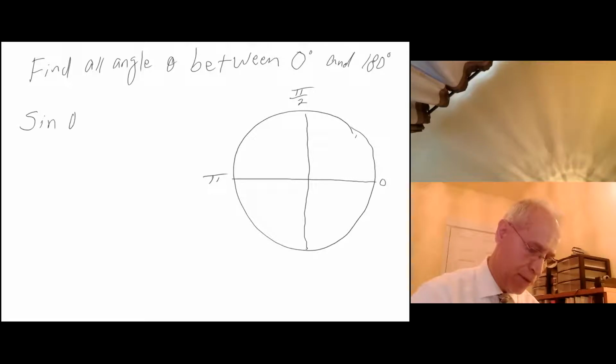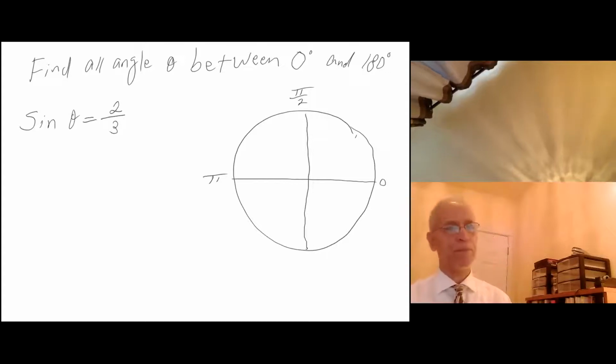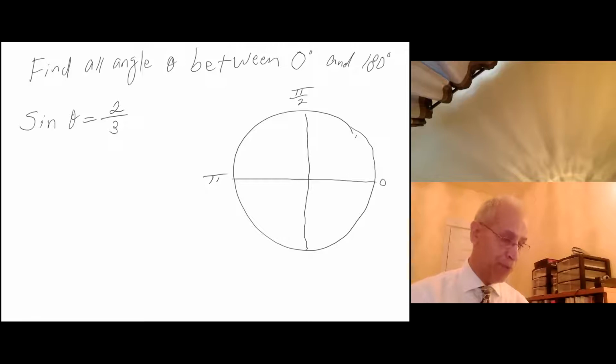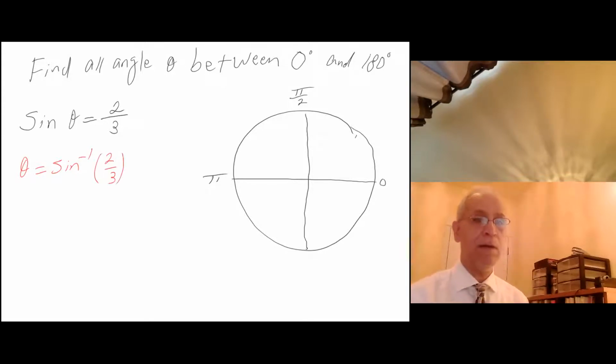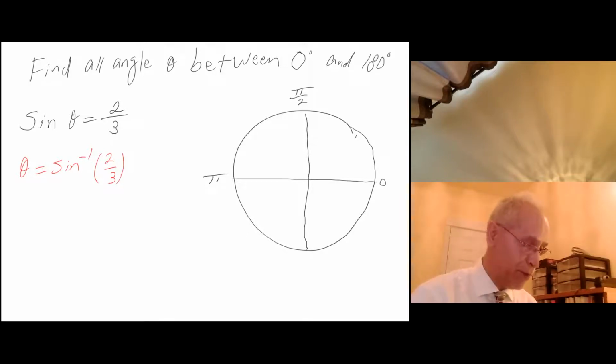Now, if I take sine inverse of both sides, then I will have theta equals sine inverse of 2/3, and that gives me, to 1 decimal, 41.8 degrees.